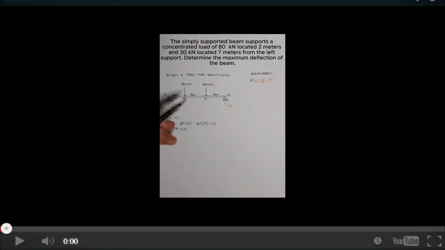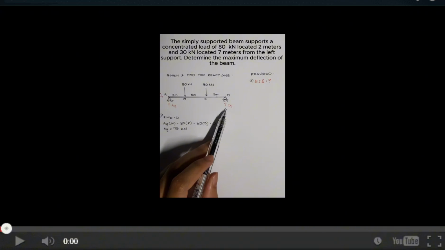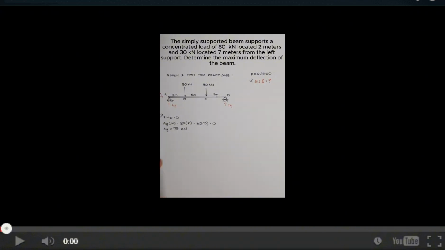Then, now we will solve for the DY. For DY, to solve the reactions, magmo-moment tayo kay A. Since the DY has a vertical reaction pataas, and magmo-moment siya kay A, it is counterclockwise, so negative.